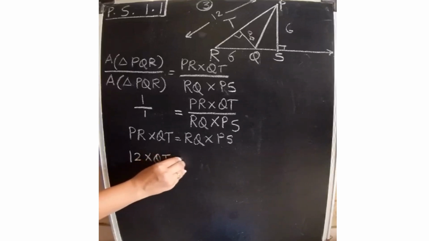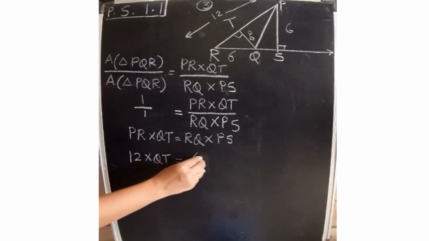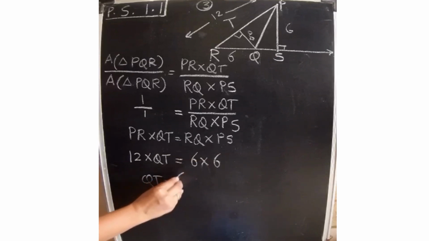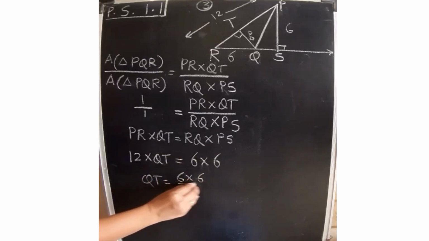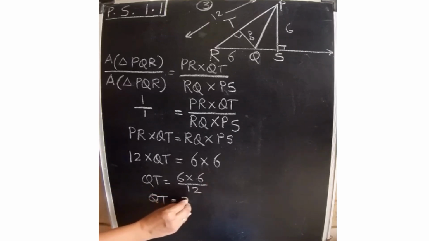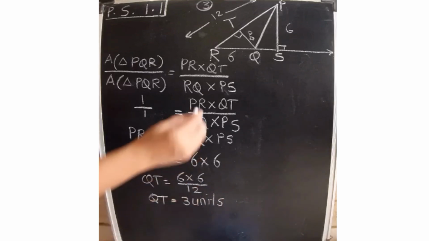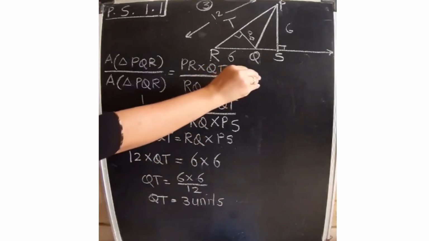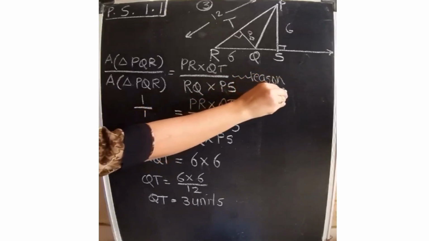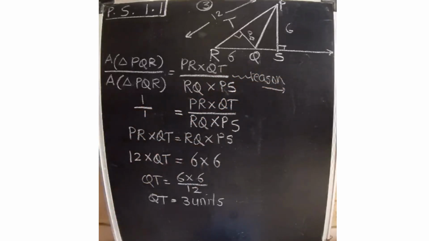Substitute all the values. 12 into QT, which is equal to 6 into 6. Do the calculations and find out the final answer. That is 3 units. You have to mention the reason: area of triangle.